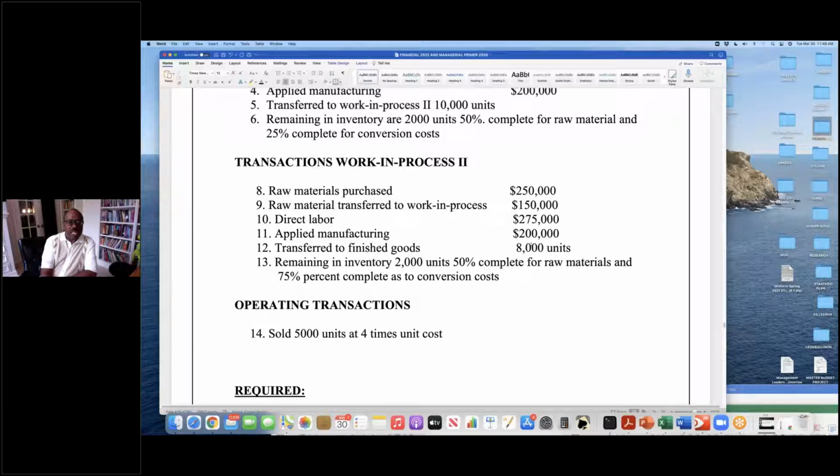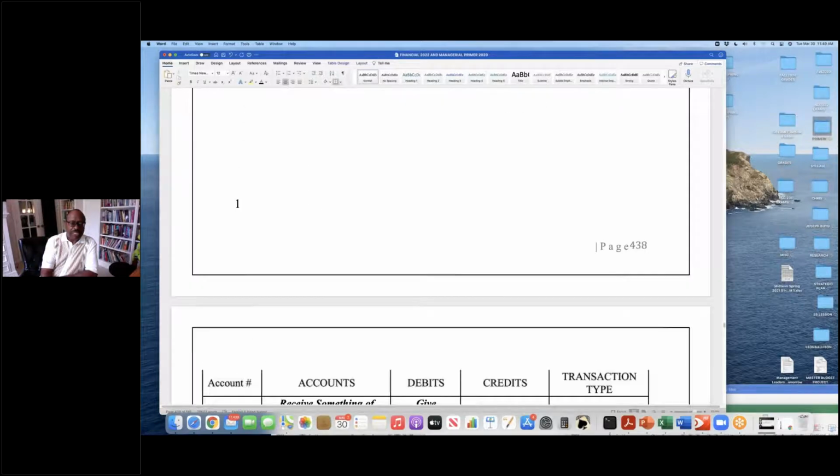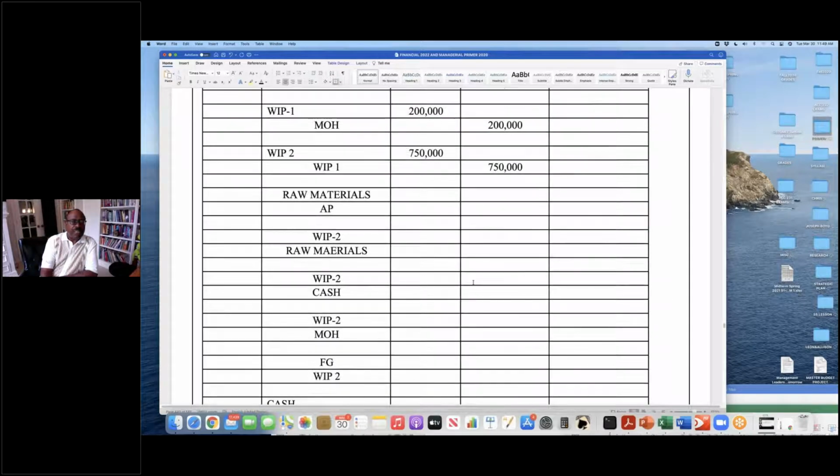We had 10,000 we were working with, and we only completed 8,000. 2,000 are left, 50% complete for raw materials and 75% for conversion costs. We buy 250,000 of raw materials in this process. And how much did we transfer in? 150.